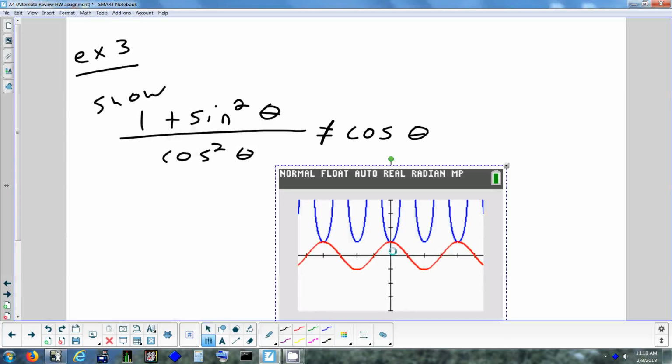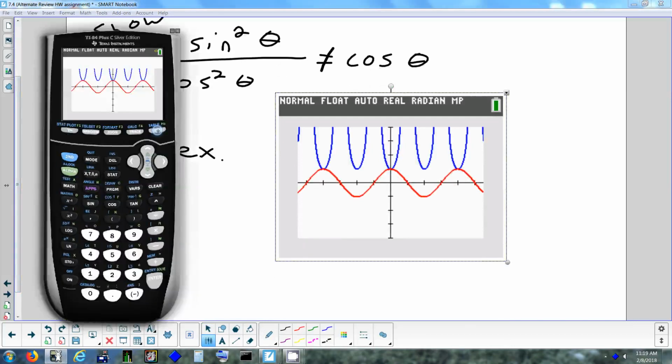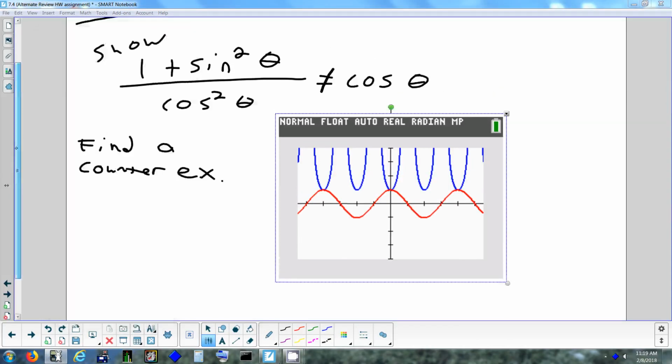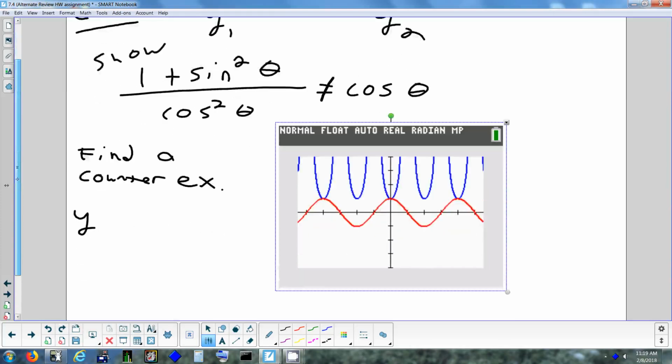Okay, so how do you do this? Just find a counterexample. So let's just pick one. We're in radians, so let's plug in 0.6. I'm going to call this y1, y2.